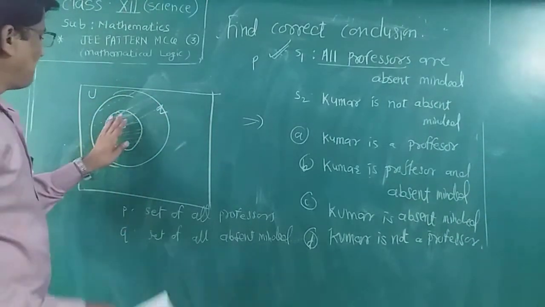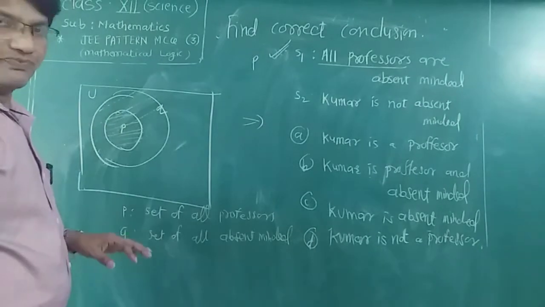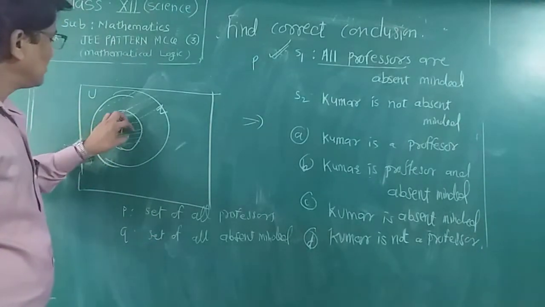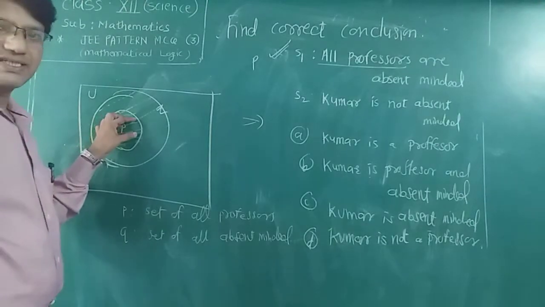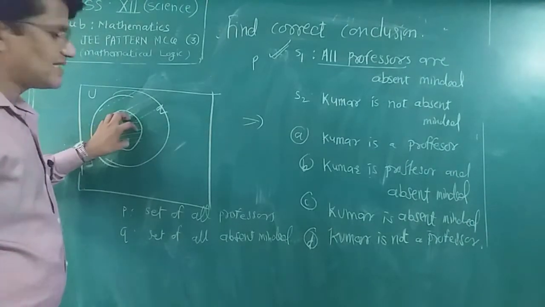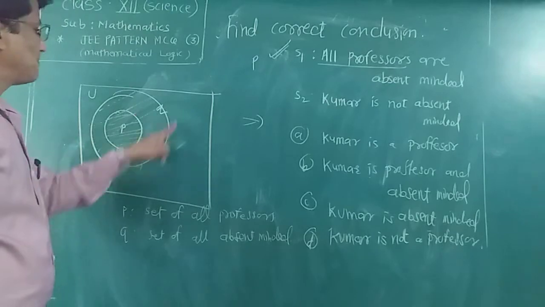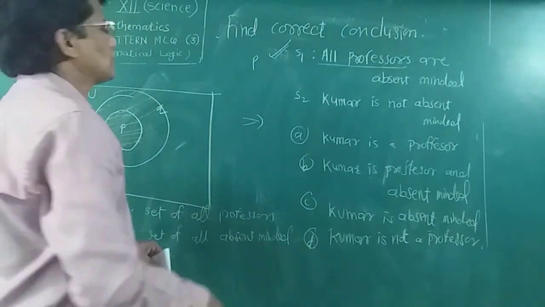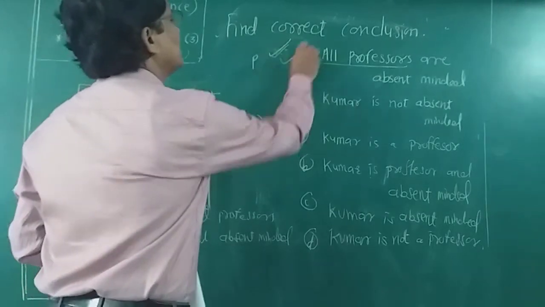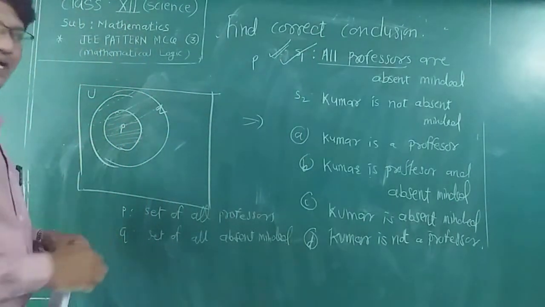Observe here, P is a subset of Q. All professors are in the small circle, and all professors belong to the big circle, and the big circle is the set of all absent-minded. So what is given in the statement is clear from this diagram.